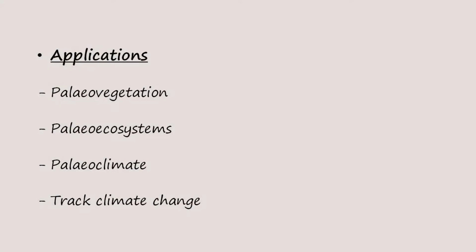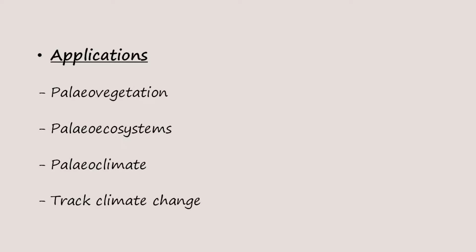There are various applications to palynology, most concerned with the environment, and fossil pollen can be used to reconstruct paleovegetation, paleoecosystems, paleoclimate, and essentially track climate change. Palynology can help to reconstruct data as far back as 300 million years ago, so going right back down to the Permian.